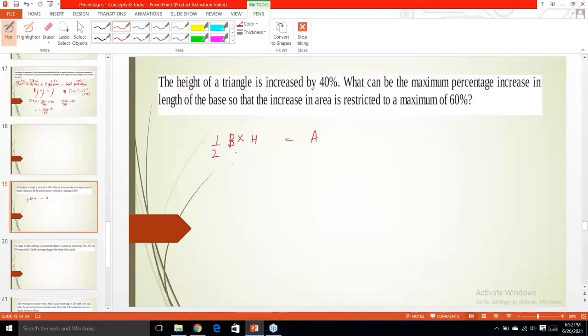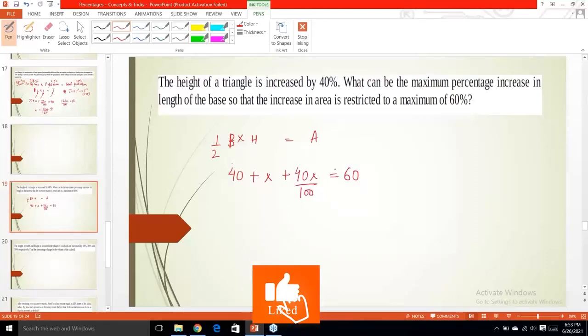You can do it again using successive change or you can do it using the variation. Let us do using successive change. Height is increased by 40%. The percentage increase in the length, x, is to be found out, right? Maximum: x plus 40 plus 40x by 100 is 60, right? For maximum, I'm just equating it to 60.